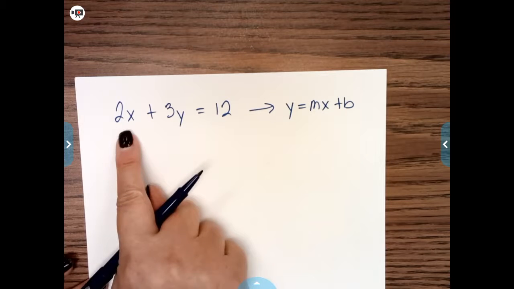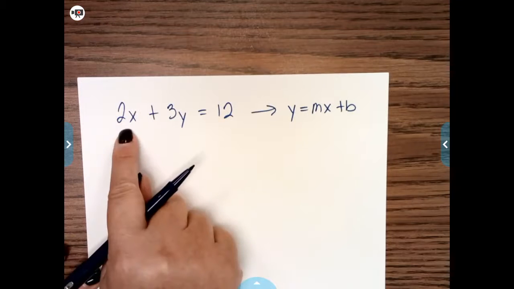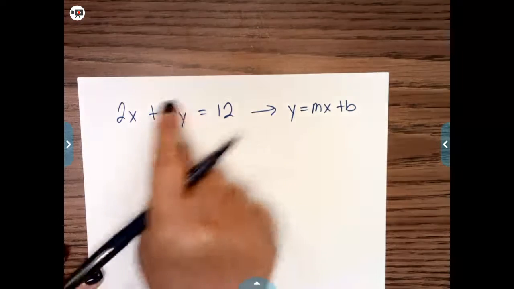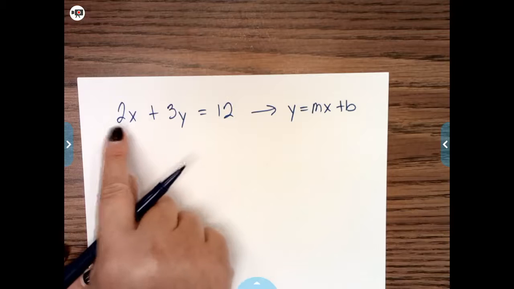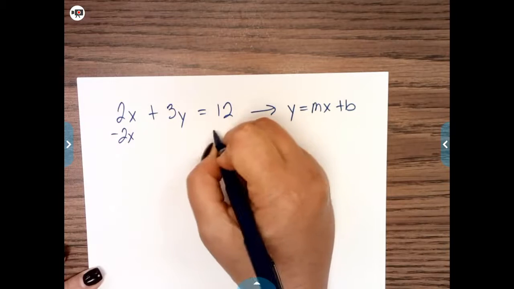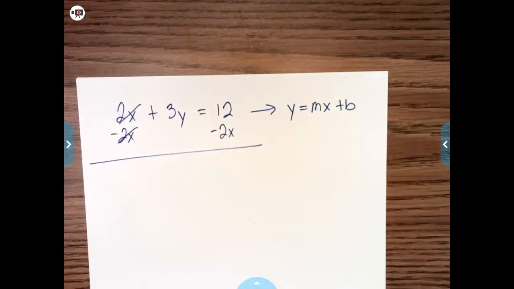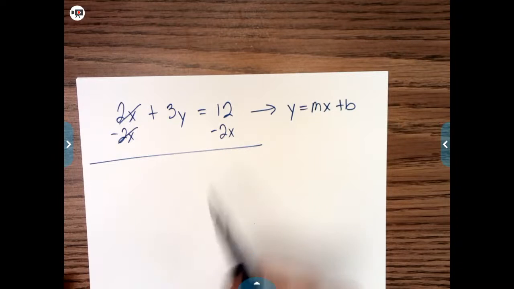So now if I need to solve for y, I need this term gone because I need the y term left. So I need to move this first. This is a positive 2x. I'm going to subtract it. Now normally you would bring it over here and line it up with your constant on the other side.